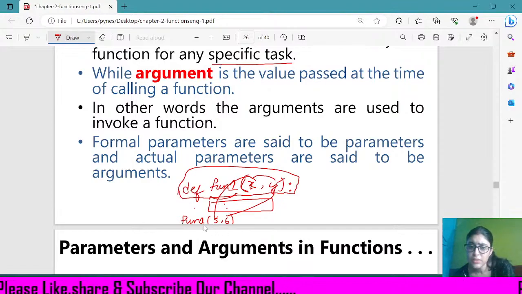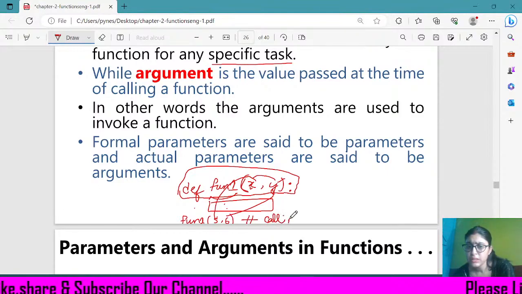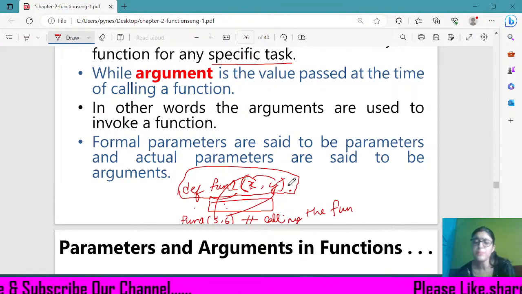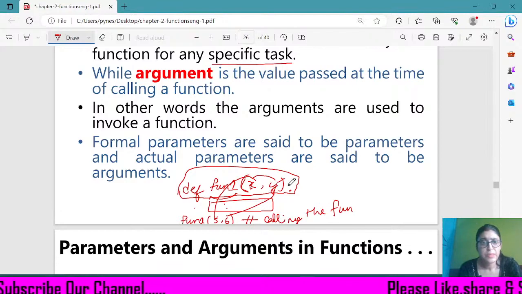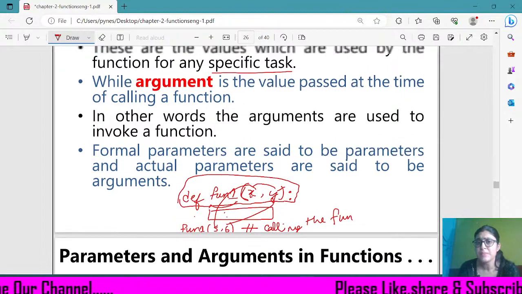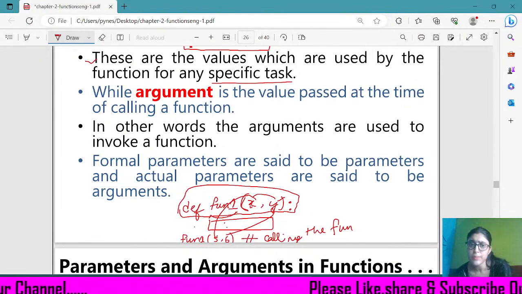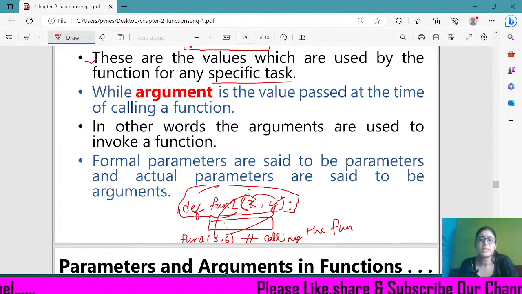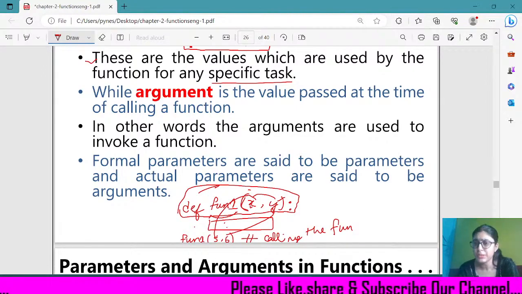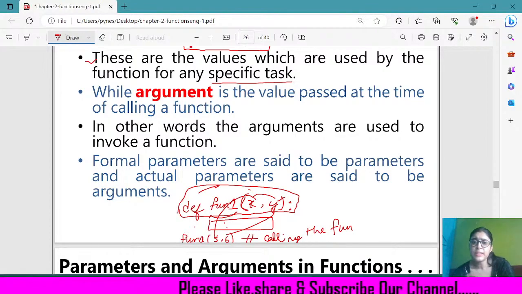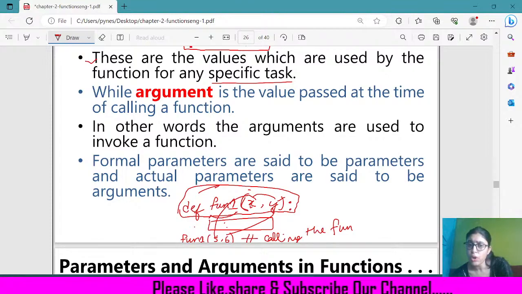So at the time of calling the function, we are giving specific values to the parameters. Here we are using the parameters to hold the values for our specific task. Now, what is an argument? An argument is the value passed at the time of calling the function.